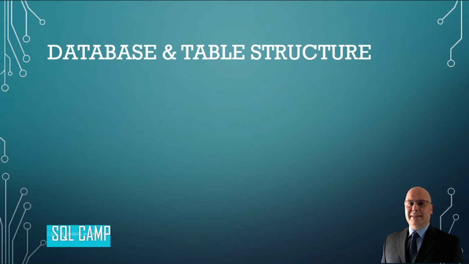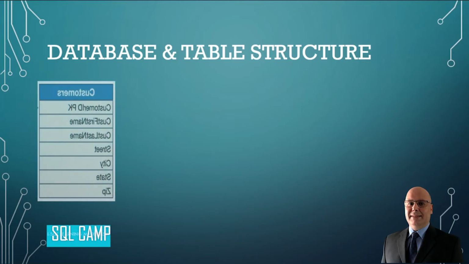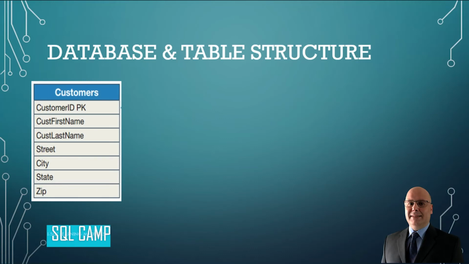Okay, so the next thing that you will need to know when you deal with databases and relational databases is table structure. For example, we will go over this customers table. As you can see, this table is formed of a group of columns. These groups of columns will literally form a record within that table, like one line or one row of data within this table.